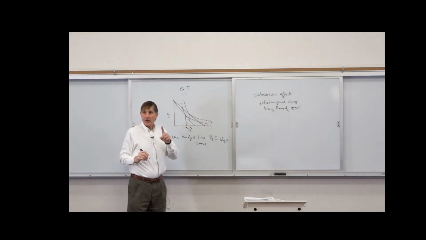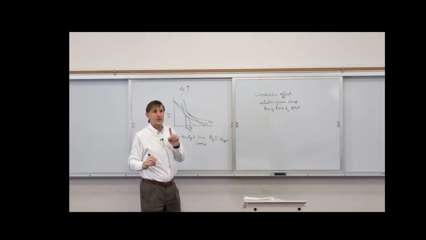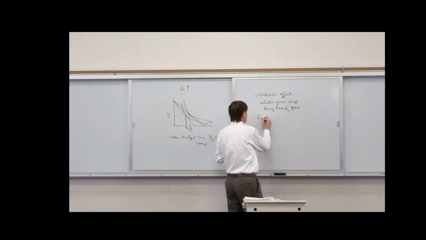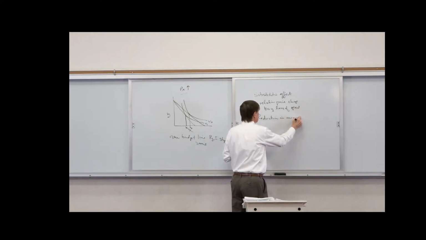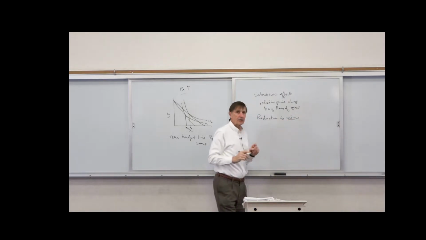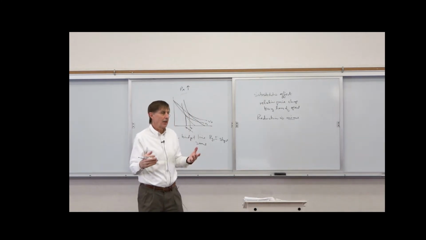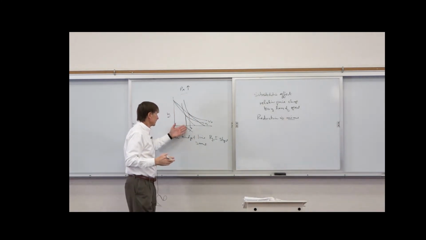But part of that happened because there was also a reduction in your income. Right? There was a reduction in your income because now you can't buy as much as you did before, right?